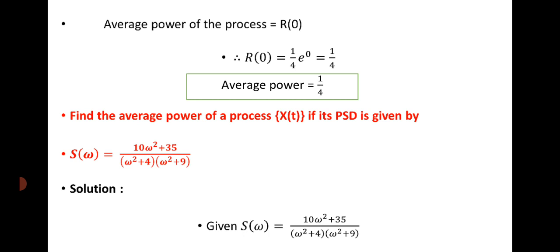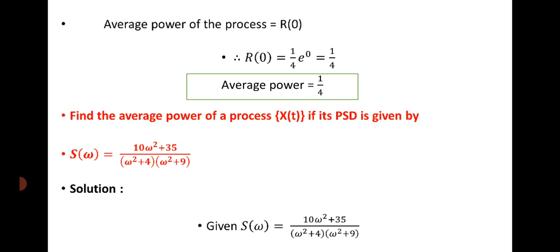The next sum. Find the average power of a process X of t if its PSD is given by S of omega equal to 10 omega square plus 35 divided by omega square plus 4 into omega square plus 9. The solution. Given S of omega equal to 10 omega square plus 35 divided by omega square plus 4 into omega square plus 9.